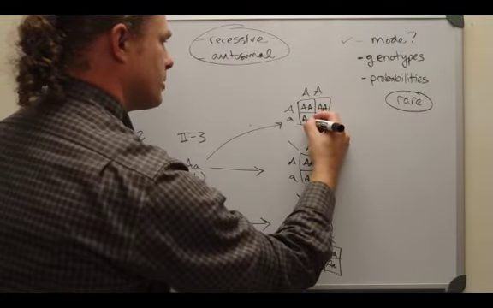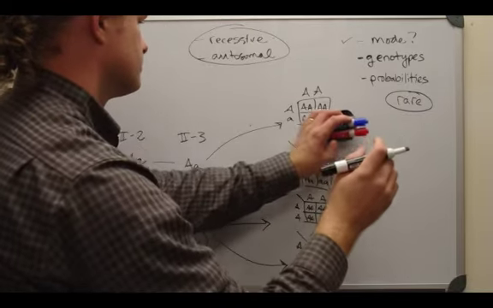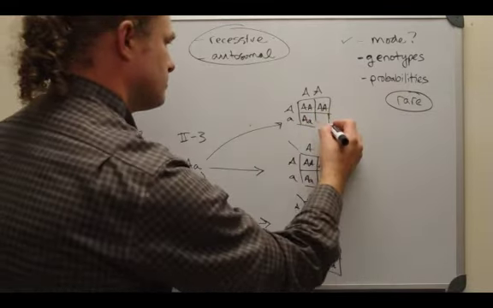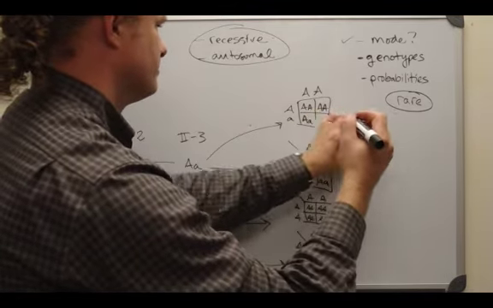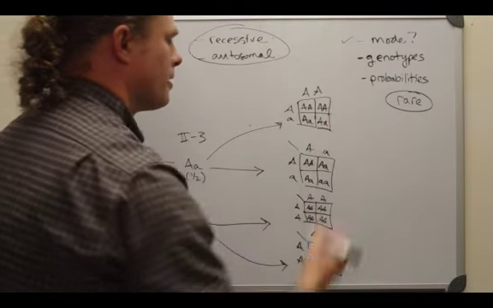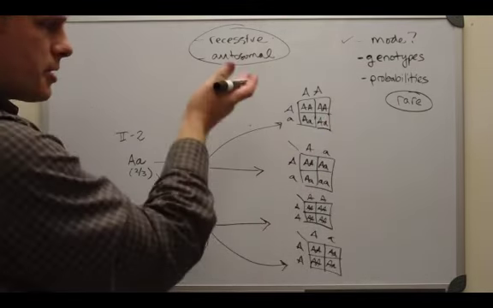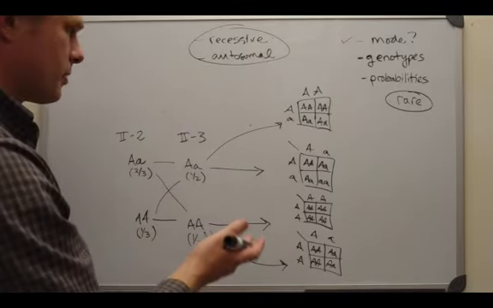And then you fill in that Punnett square. There we go. Third time's the charm. Okay, so this is a graphic representation of all the different possibilities that come out of this specific cross.